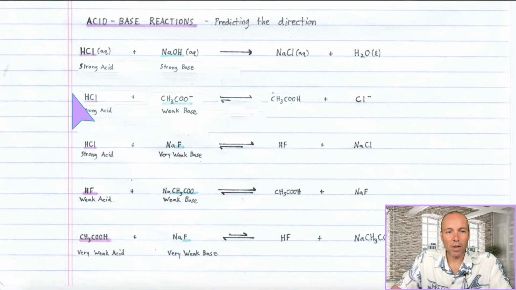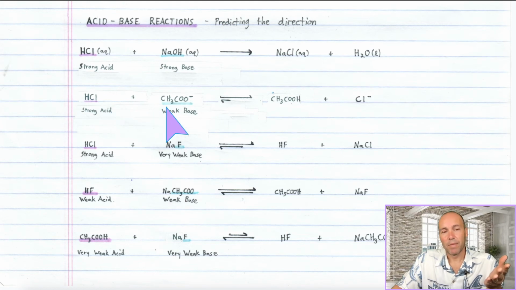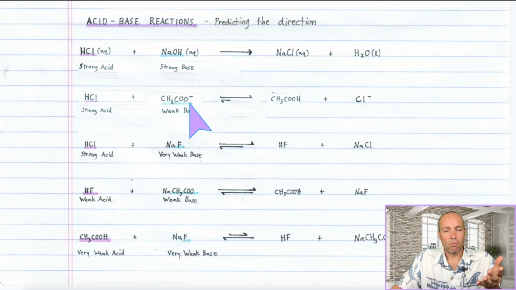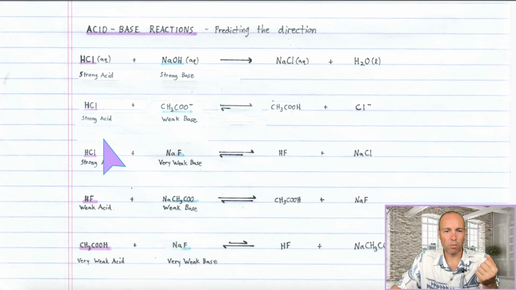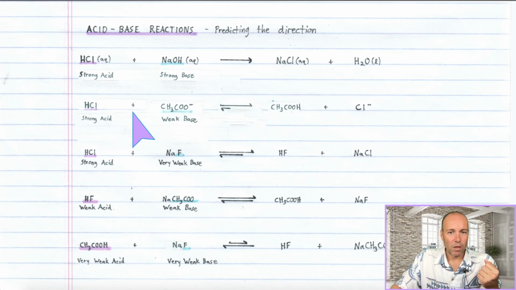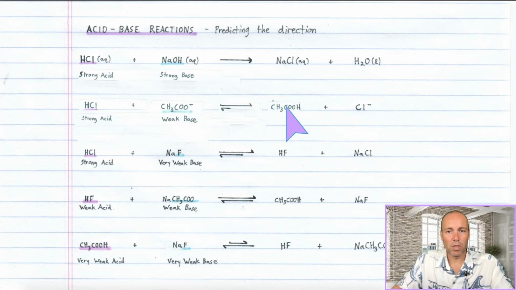So when you have a strong acid that must give up its proton, reacting with CH3COO minus, which kind of wants a proton, but it allows some protons to stay in solution, then this reaction pretty much proceeds. Okay? It pretty much proceeds to form the products. After receiving the proton, this is the conjugate acid of that base. And after giving up the proton, this is the conjugate base of that acid.